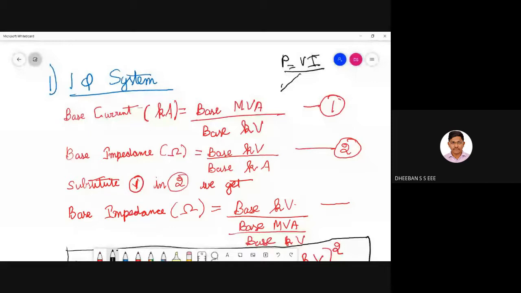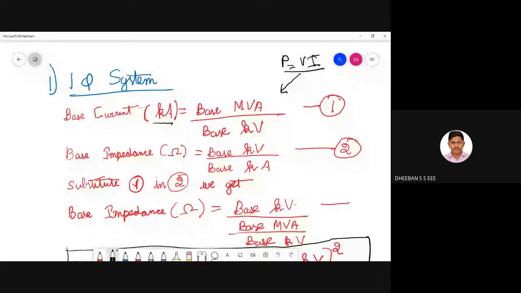Generally, the base current will be in terms of kiloamps. So kiloamps will be equal to base MVA, that is your apparent power, divided by the line voltage. This is for the single phase system.